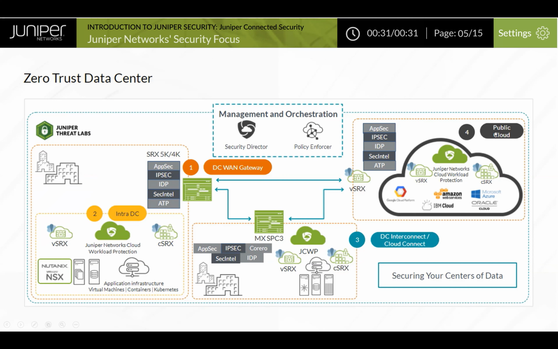Every point, such as public cloud, has a security device. Between their data centers, DC1 and a different data center, they implement the SRX device. If some application communicates from one data center to another, it will go through the security device.